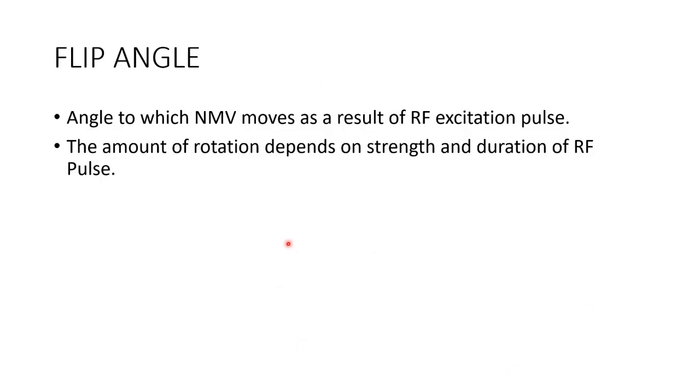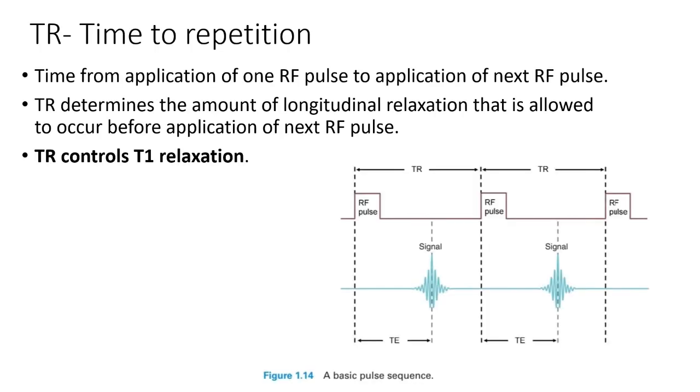Flip angle is the angle to which the net magnetic vector moves as a result of the radio frequency excitation pulse. The amount of rotation or flipping depends on the strength and duration of the radio frequency pulse. Coming to the concept of time to repetition, TR is the time between the application of two radio frequency pulses. It determines the amount of longitudinal relaxation that is allowed to occur before applying the next radio frequency pulse.